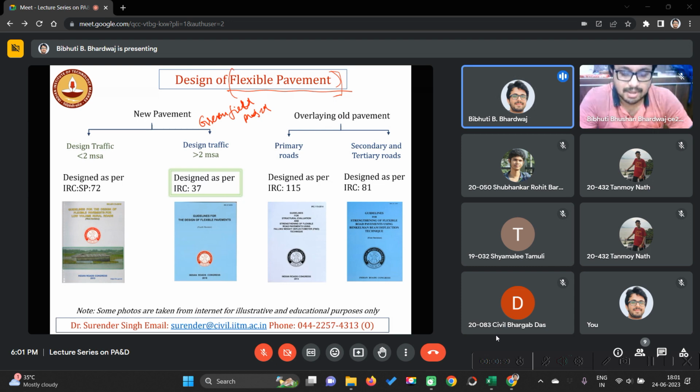Whenever you are upgrading some roads or doing any kind of renovation works, the codes that have to be referred will be different. In a greenfield project, that means you are designing the road for the first time, with everything from zero.